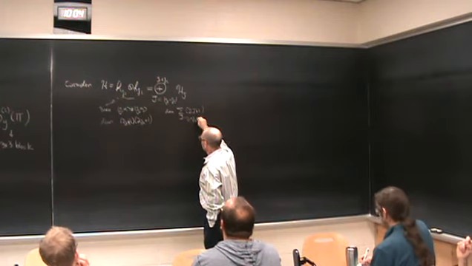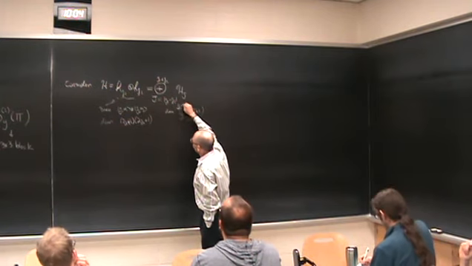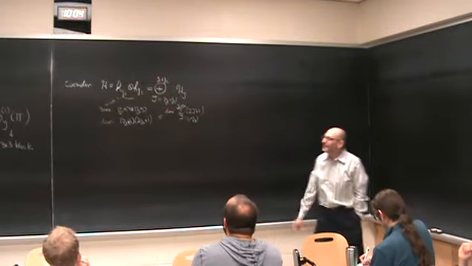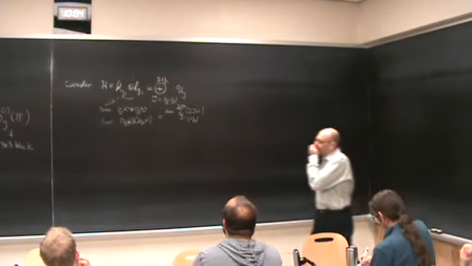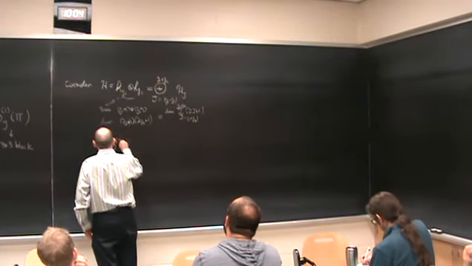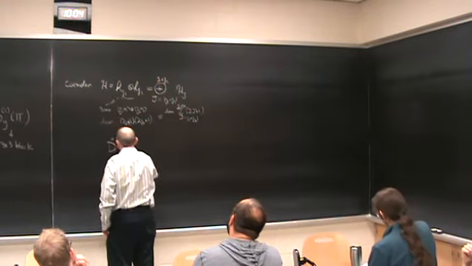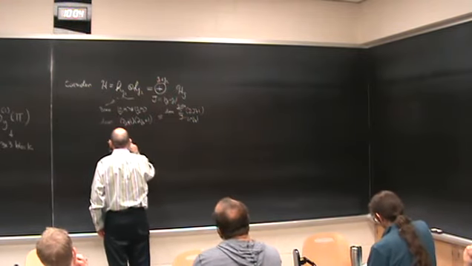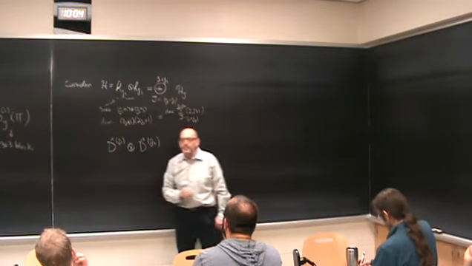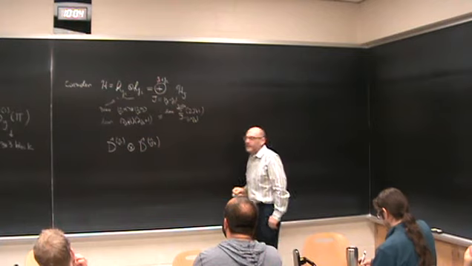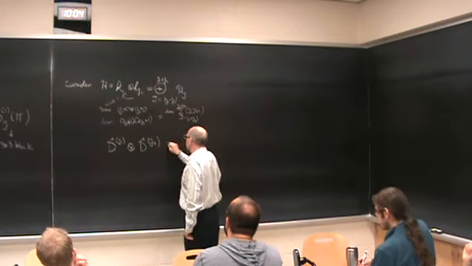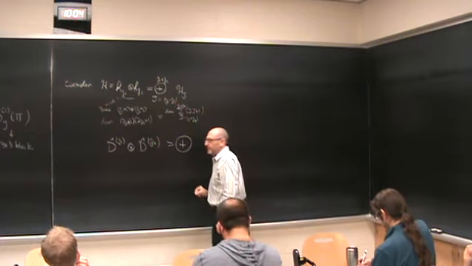It's the same Hilbert space, so this dimension is the same as that dimension. So what this tells me is that if I have an irrep on J1 tensored into an irrep on J2, together this is not an irrep, but a direct sum of irreps.